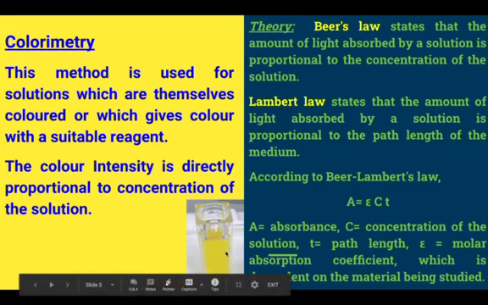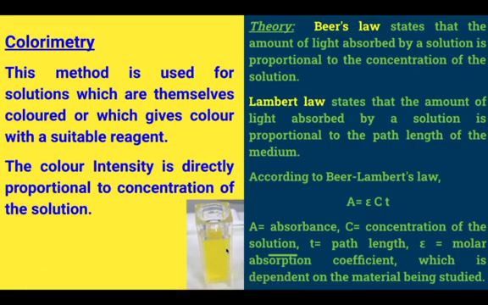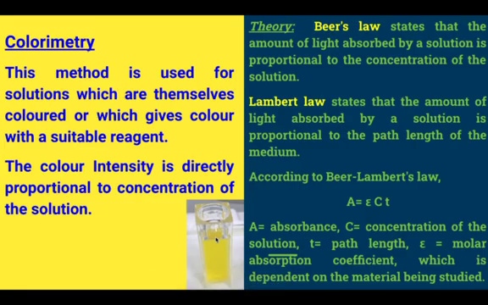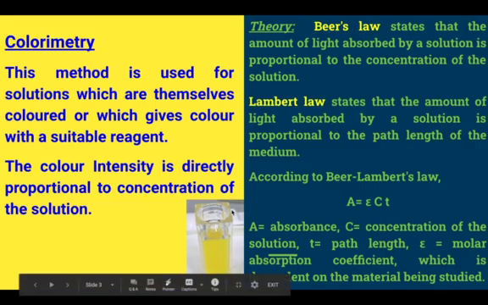This is called the path length. Since we are using the same sample cell for measuring the absorbance of different solutions, this path length remains the same because we are making use of the same cuvette. Therefore, path length, or t, remains the same.